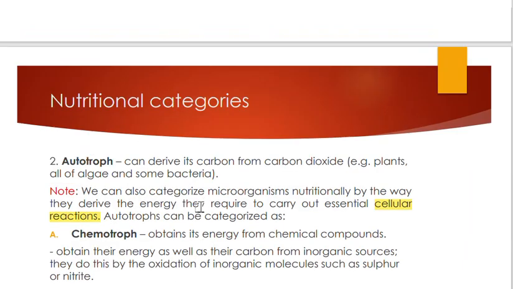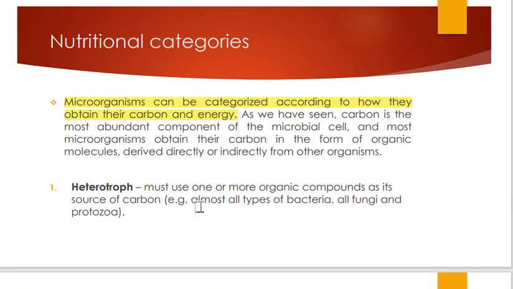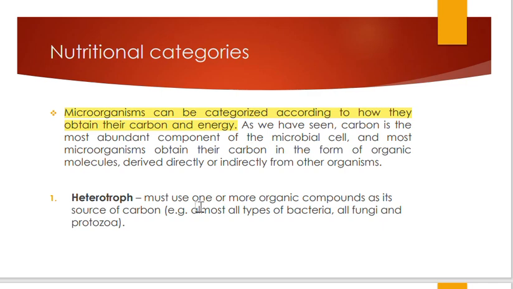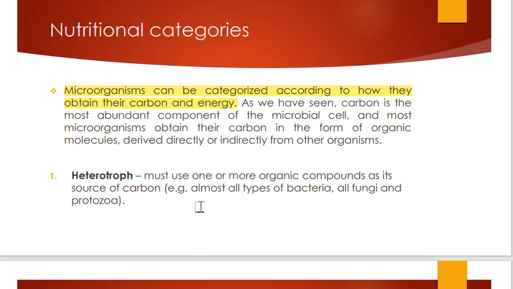So again, the different categories of microorganisms based on how they obtain their carbon as well as energy are heterotroph, which most of your microorganisms are, the bacteria as well as fungi, which include molds and yeast.